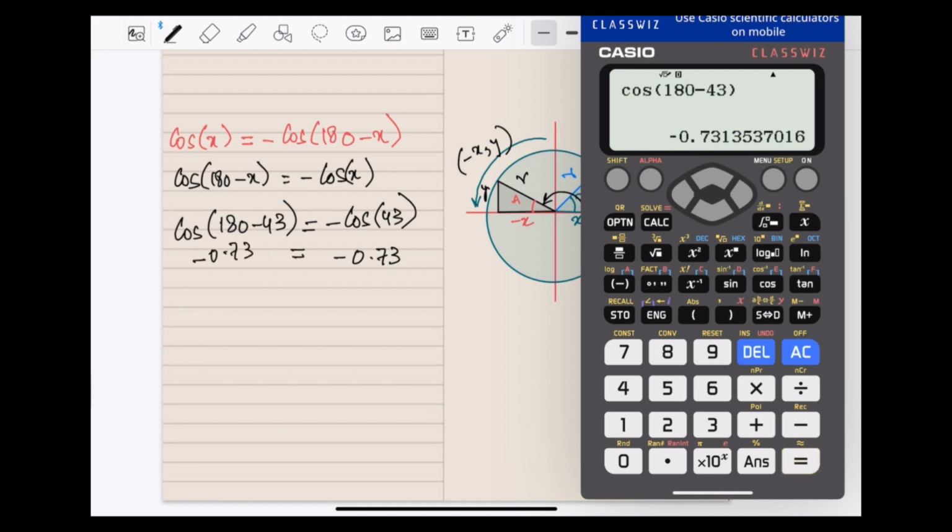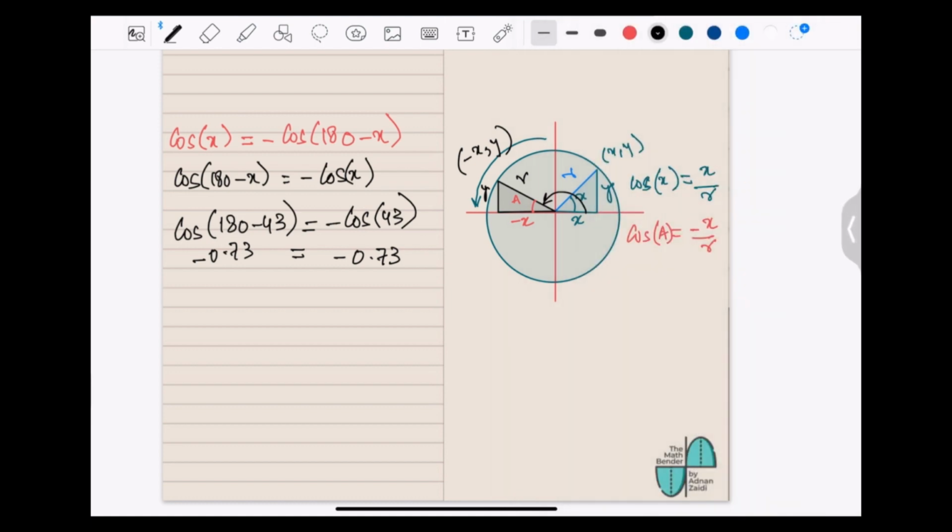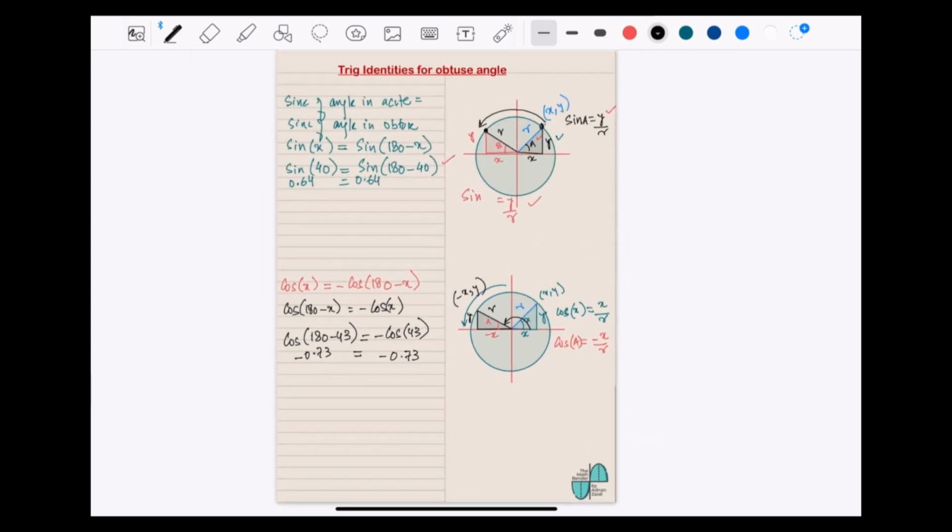Hence, they are both the same in magnitude. So in short, in obtuse angles sine is exactly the same, but for cosine you just have to change the sign. Rest, all of them, the magnitude is the same.